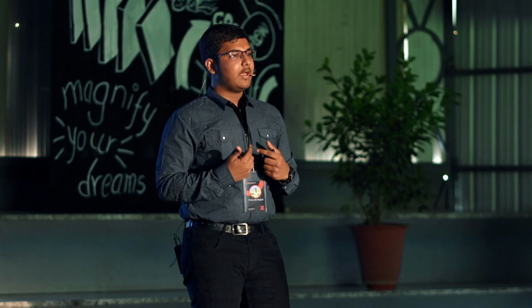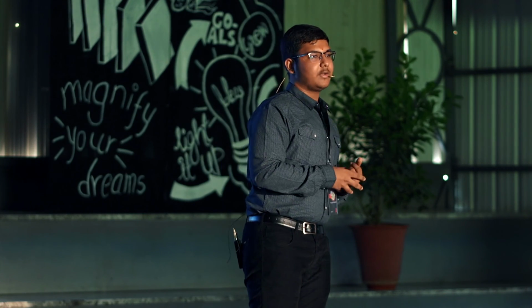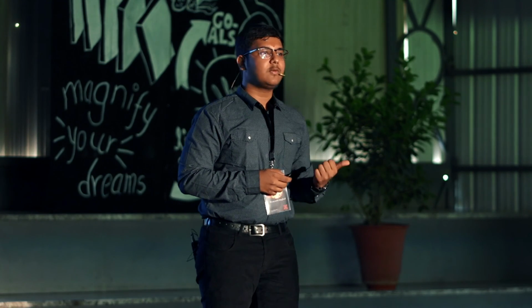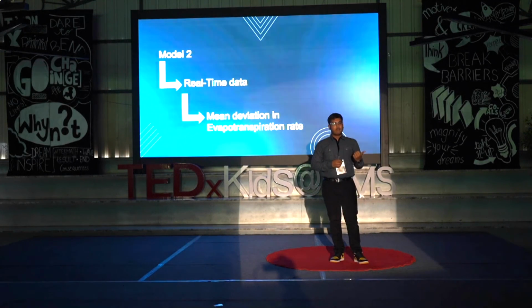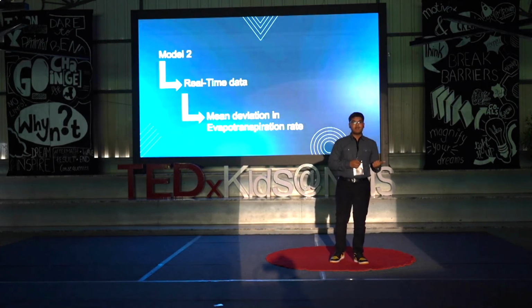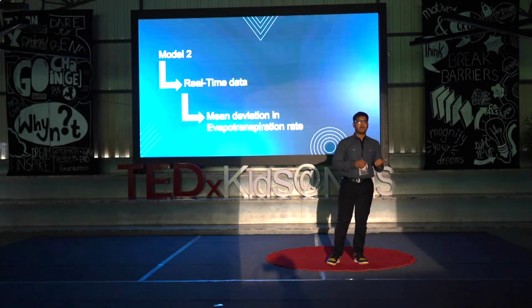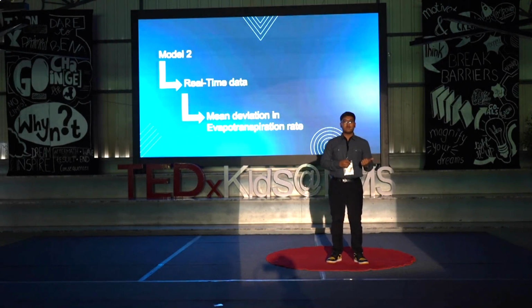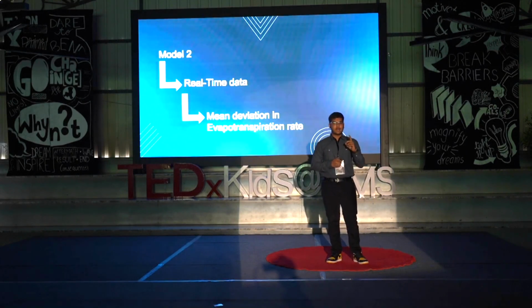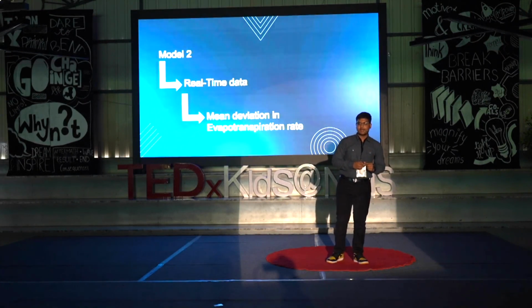So I worked with the organization on the implementation of my product to create a whole system in the village where we would tell the farmers how much water to give their crops to ensure optimum yield. And I'm pleased to announce that from our efforts, the income that was a mere 4,000 increased to almost 30,000 per month. That's a 9 times increase.